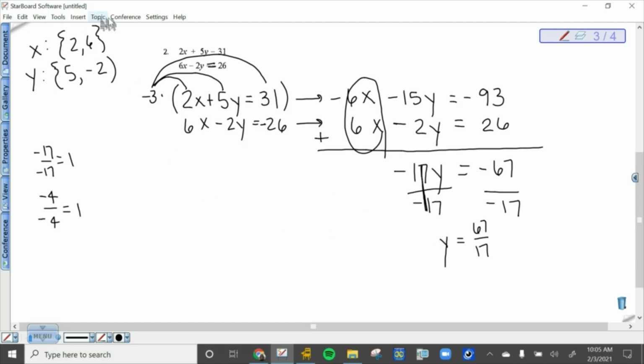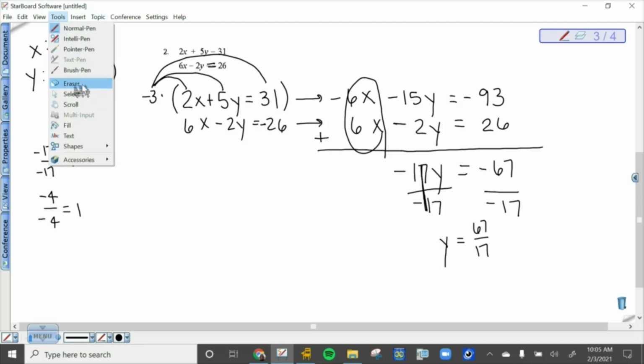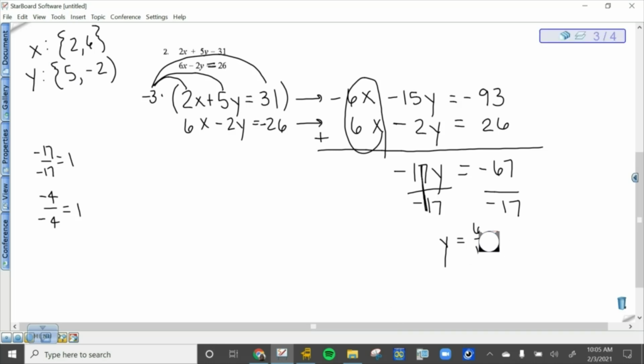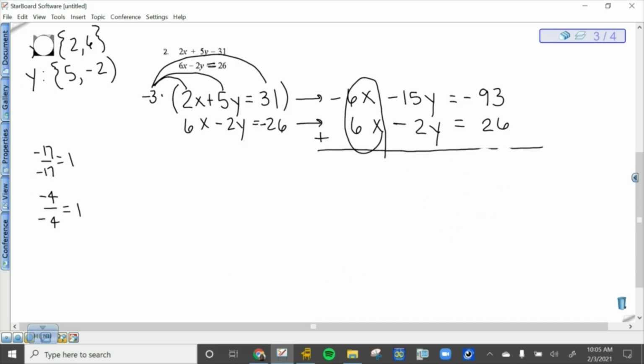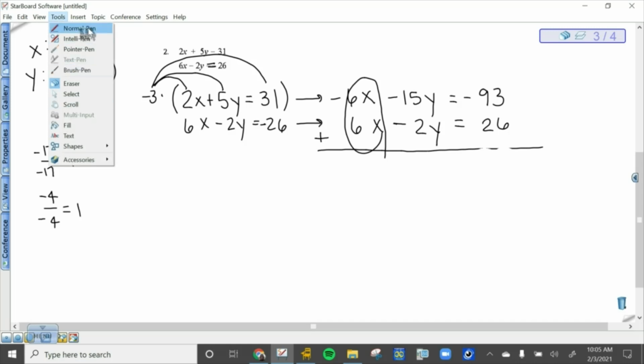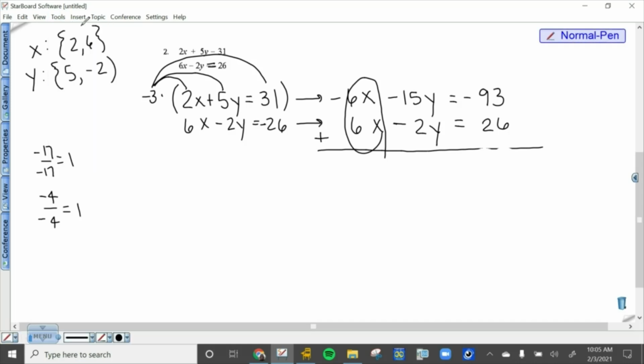It's not that much work to undo. So this piece shouldn't be there, and let's back up to here. Mistakes allow thinking to happen. This is good. So this should be negative 26.